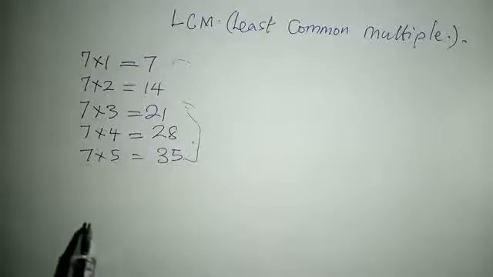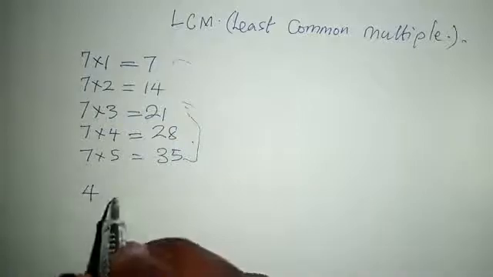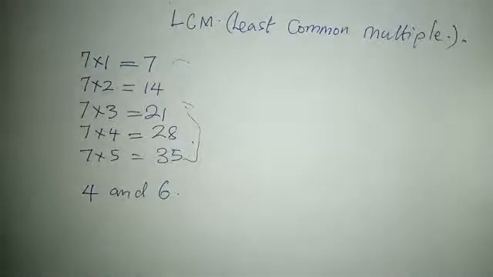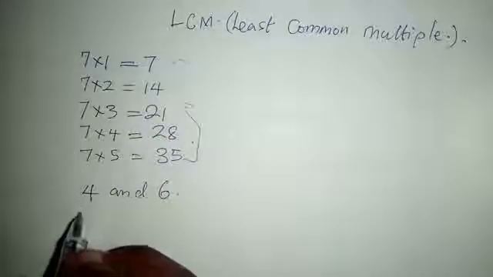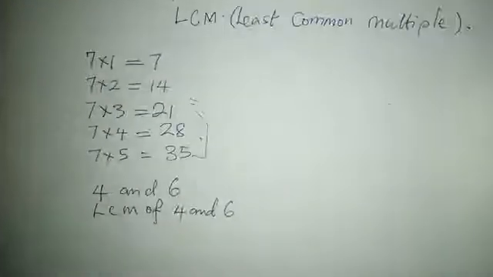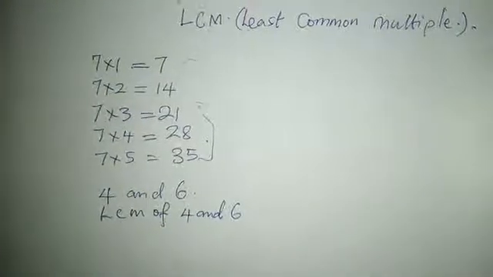Let's say, for example, you have 4 and 6, and you are asked to find the least common multiple of 4 and 6. Let's say LCM of 4 and 6.